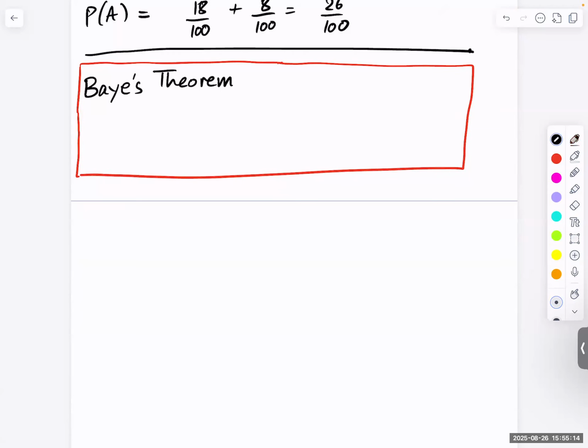Bayes' theorem, as such, is pretty straightforward. It says let A and B be two events of positive probability, so they must not be zero probability events.